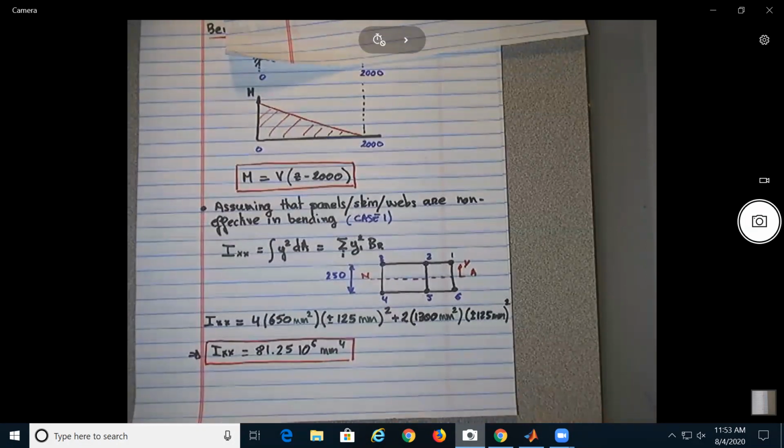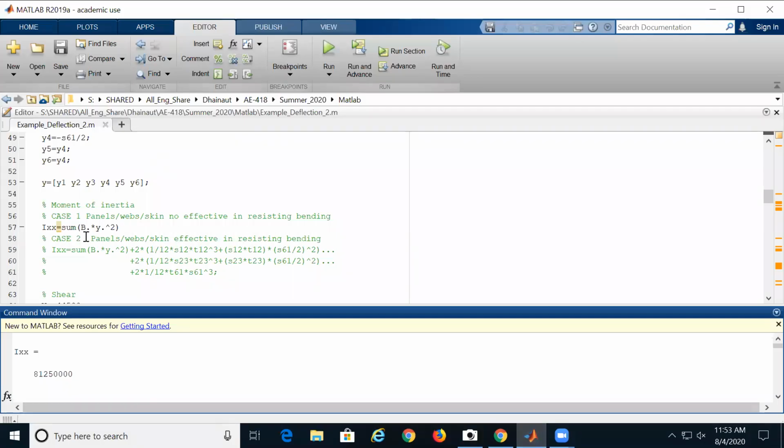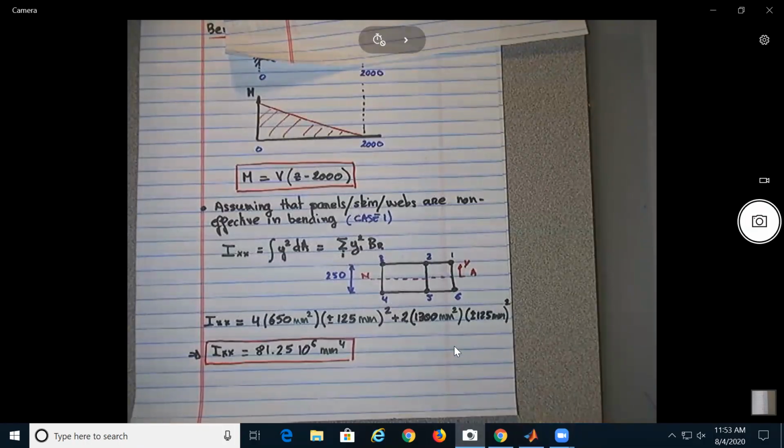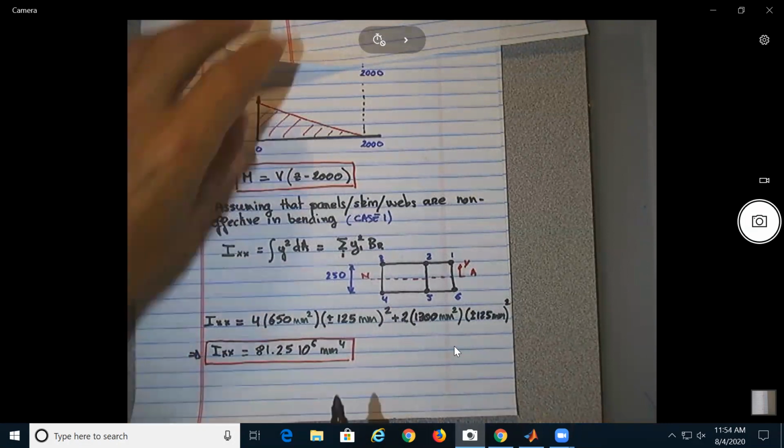Okay, but the result would be the same because when I did it in the MATLAB, I think it's doing the summation of all of them, no? See, there's B1, B2 times the y. Okay? So 81.25.